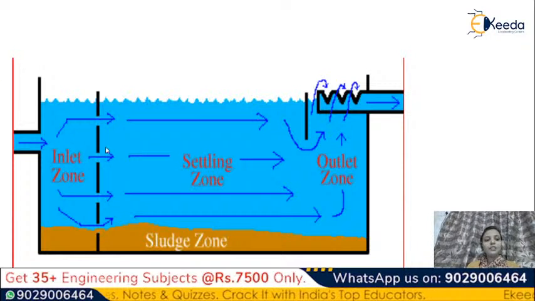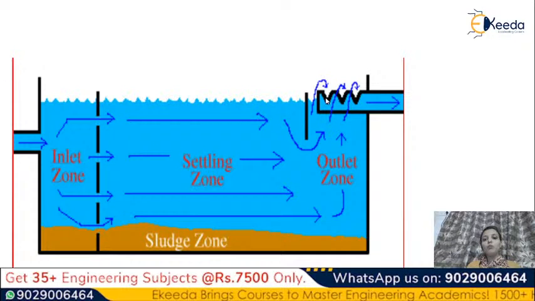As you can see, the inlet and outlet arrangement: the outlet is always placed above the level of the inlet, so that all the settleable particles settle down, and the clean water we can collect through this outlet chamber.